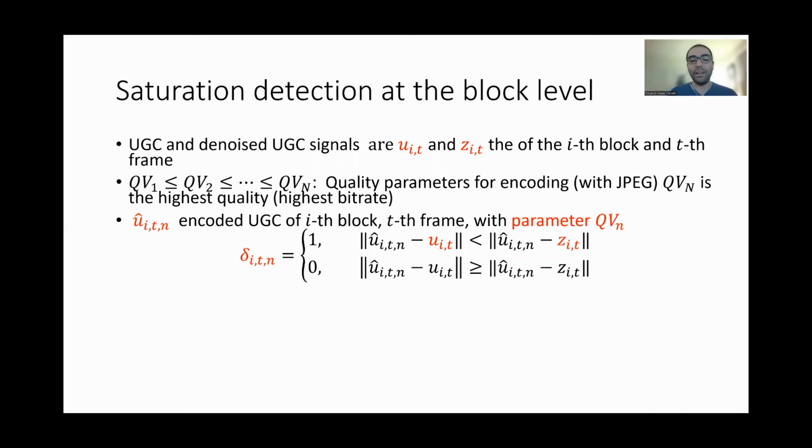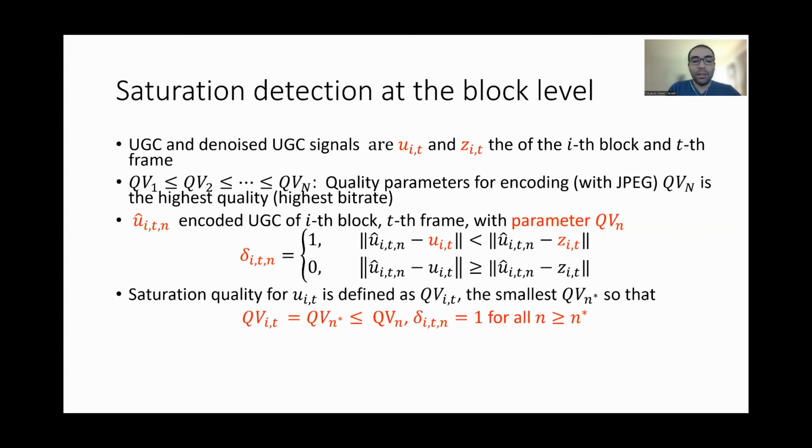And then we collect this in this set of scalars delta ITN for each block, for each frame, and for each quantization quality parameter. Then we define the saturation quality for U_IT as the smallest quality value such that for every higher quality value, all the blocks are saturated.